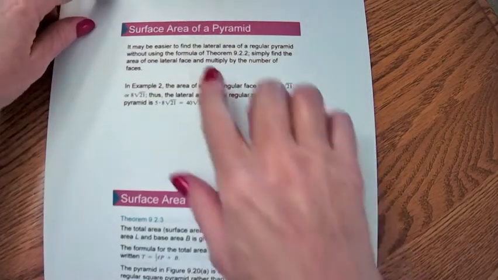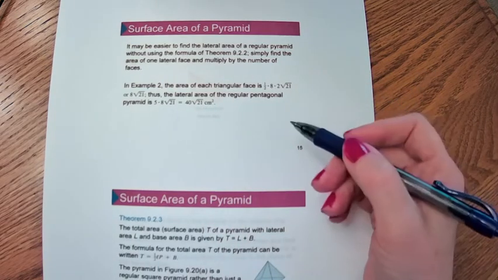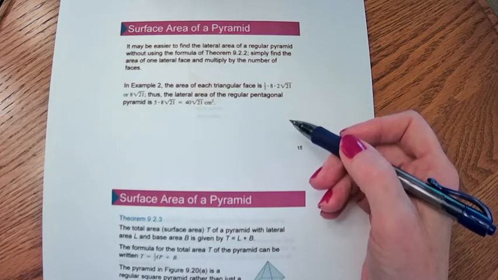So we used the fact that each face is a triangle to find the slant height. If you wanted to, you could have just found the area of one of the sides. It would have required you to find that altitude, which winds up being the slant height anyway. You get the exact same result.